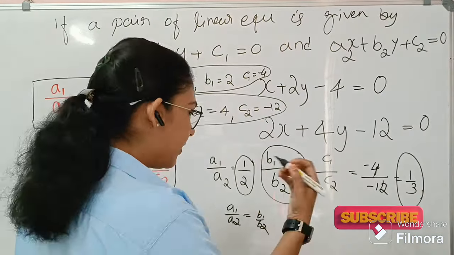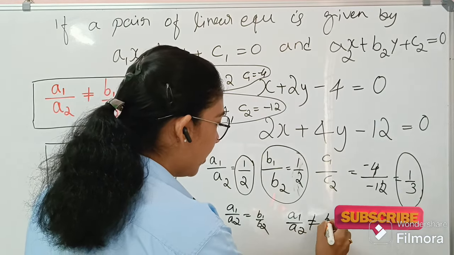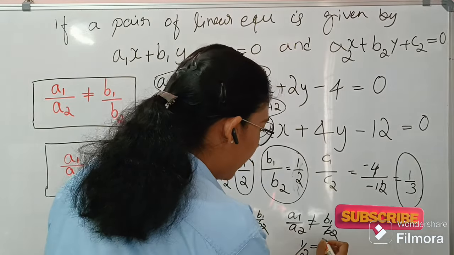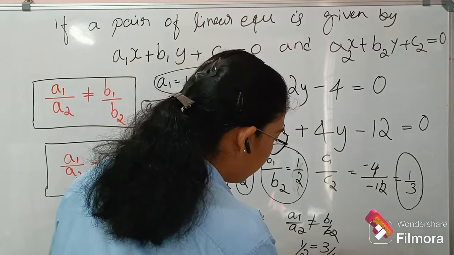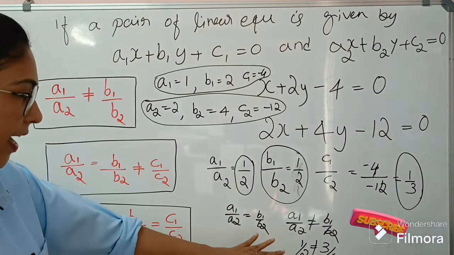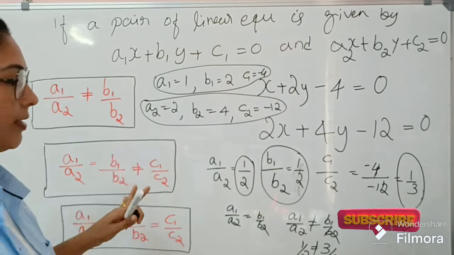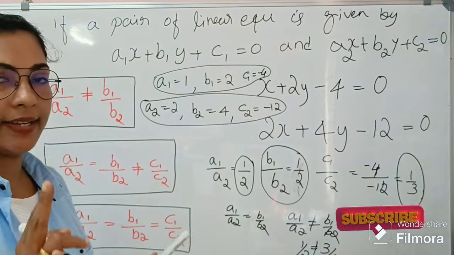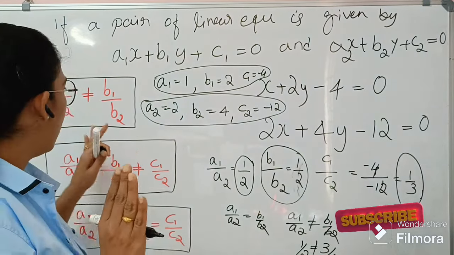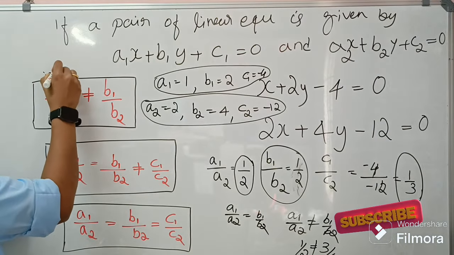In some other questions, if a1 by a2 is 1 by 2 and b1 by b2 is something like 3 by 4, we can say a1 by a2 is not equal to b1 by b2. In such a condition, we can say that the two lines are intersecting. If a1 by a2 is not equal to b1 by b2, then we can say that the lines are intersecting.